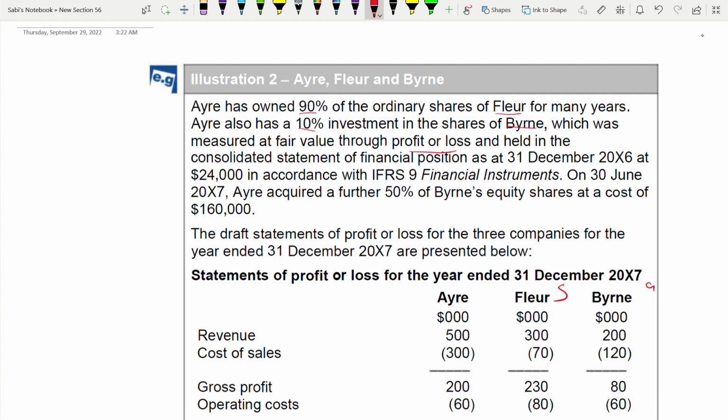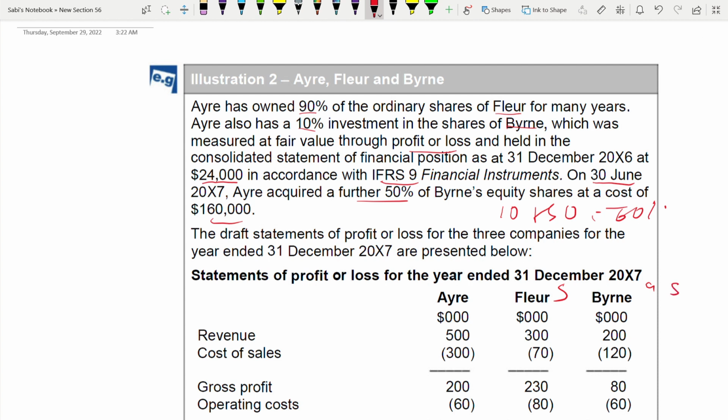On this date it was held at 24,000 in accordance with IFRS 9, and on 30th of June they have acquired a further 50% at a cost of 160,000. So 10 plus 50 becomes 60%, and then it becomes a subsidiary.